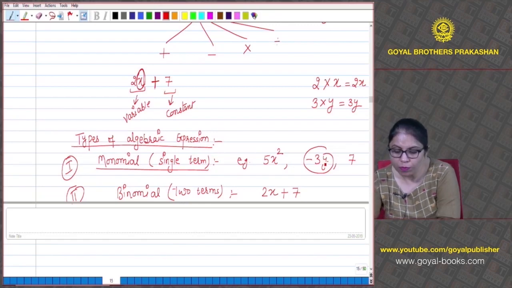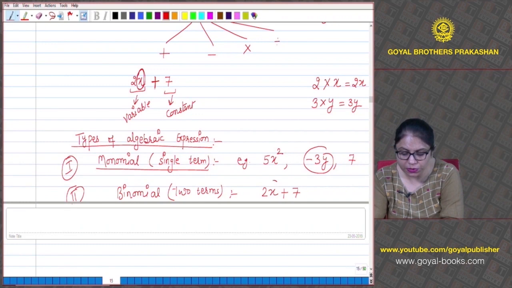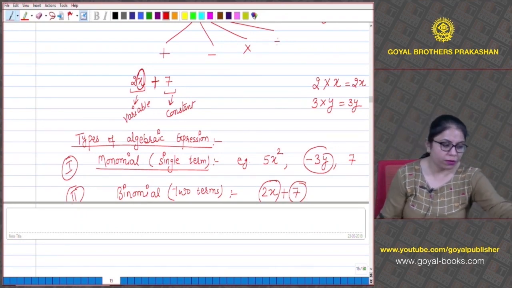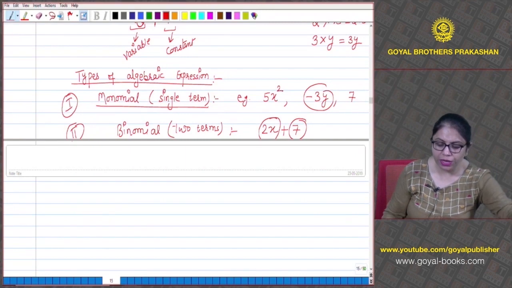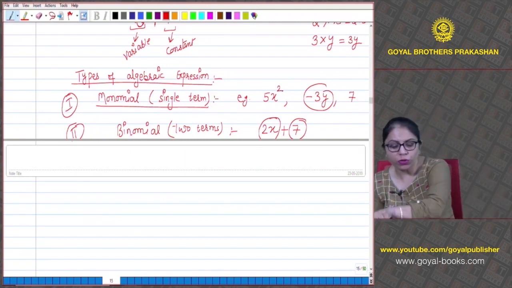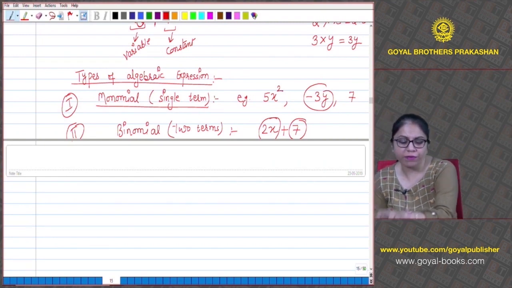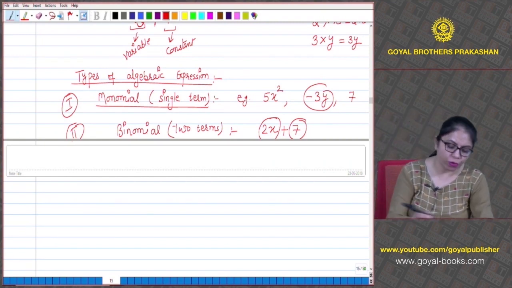Okay. So multiplication and division will give you single term. That means this is the first term and this is the second term. By applying plus or minus you can increase or decrease your number of terms. So here we are given with two terms. So two terms means binomial. So any expression having two terms is known as binomial, and any expression having single term is known as monomial.